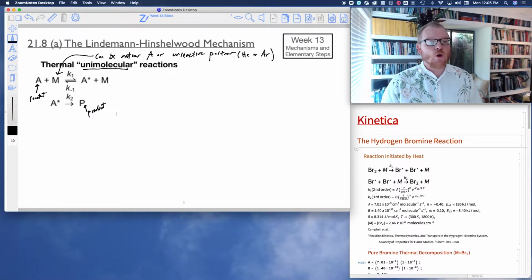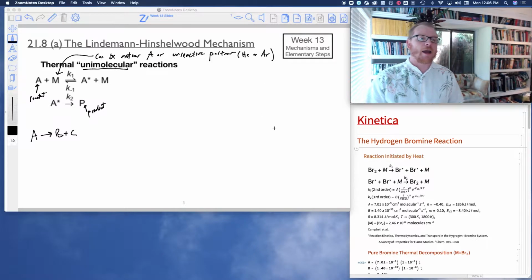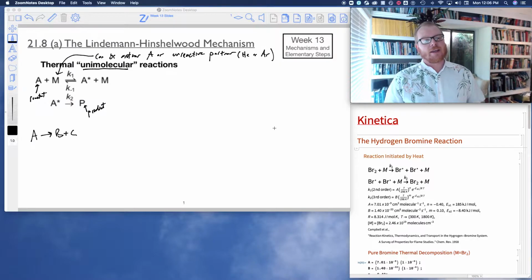For example, what Lindemann and Hinshelwood worked out was if we have some reaction that appears to be a first order decomposition, so perhaps A undergoes some thermal decomposition into B plus C. This mechanism eluded people for quite some time because in some limits, it appears to be a first order reaction, but in other limits, it appears to be a second order reaction.